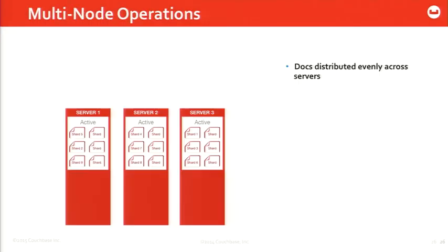So it's seamless from an application perspective, and this cluster map is really the secret sauce in how the system knows where the data lives, which node it lives on. It's used not just for reading and writing data, but also for other features like replication, cross-data center replication, and so on.